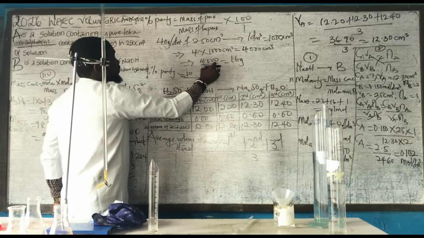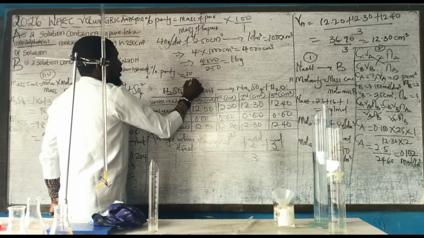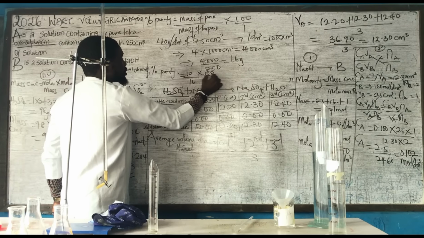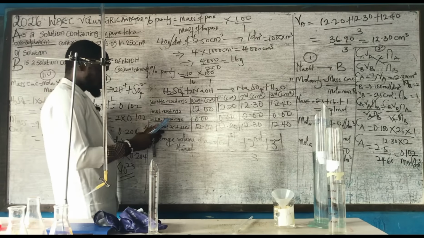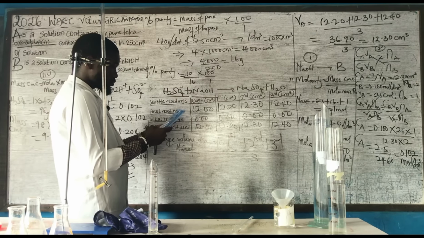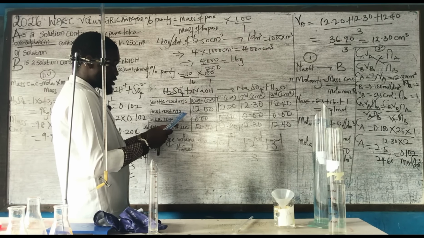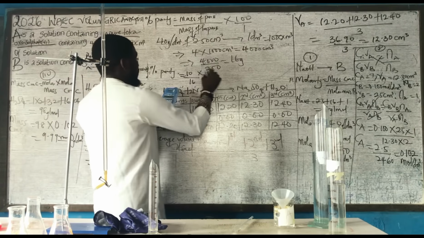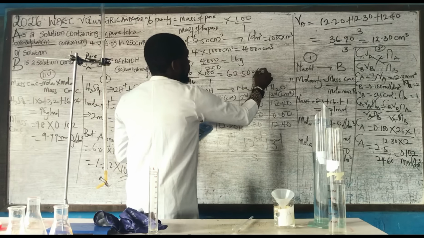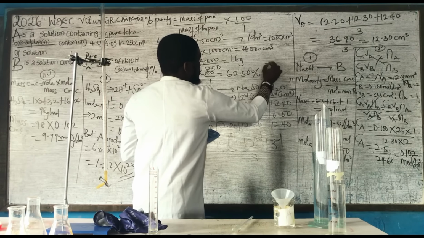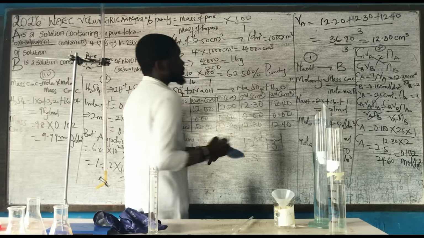We just calculated the mass of the impure. We have 16 multiplied by 100 over 1. Please take notes. So 10 divided by 16, the value is 62.50% for purity.